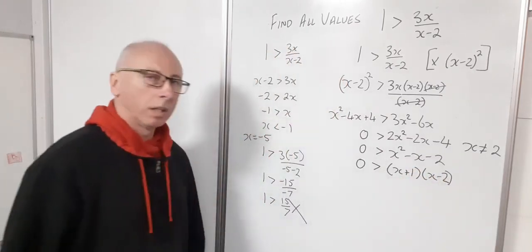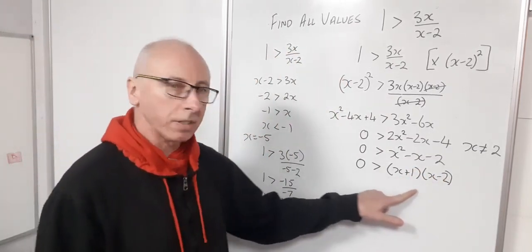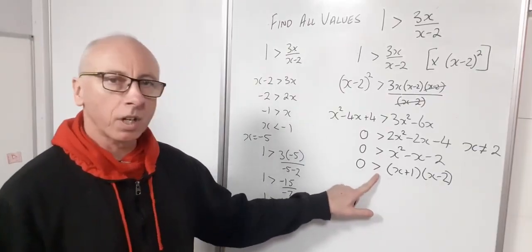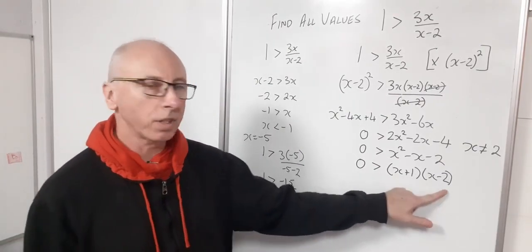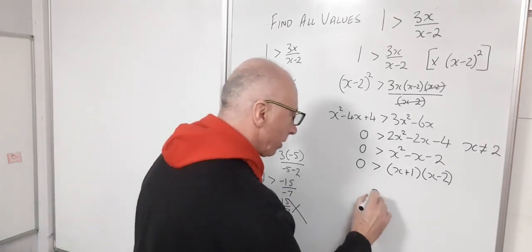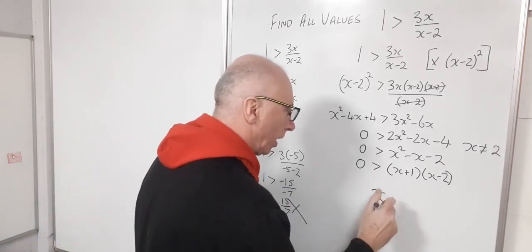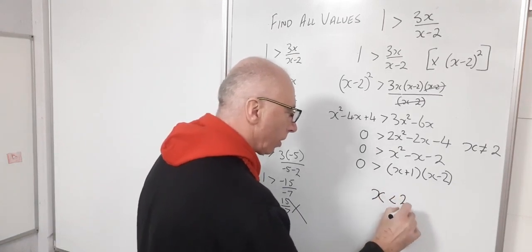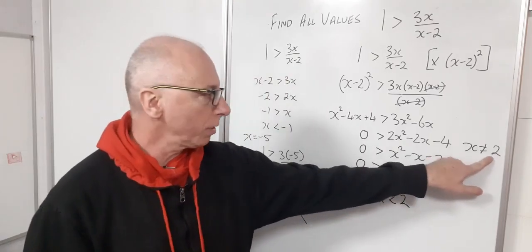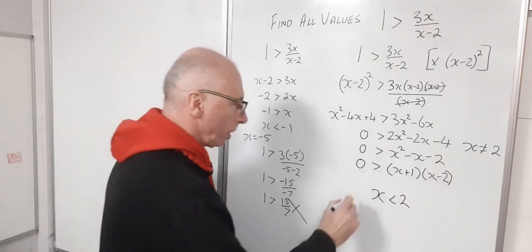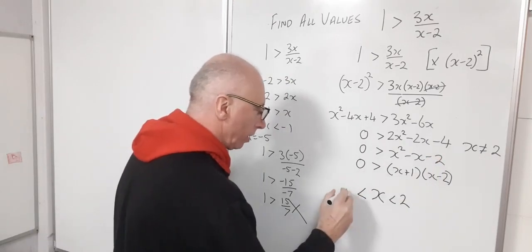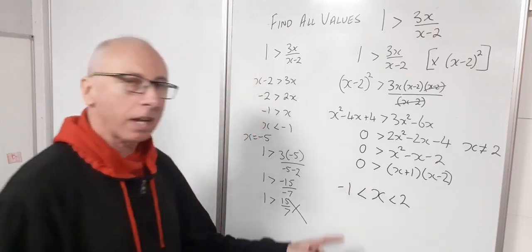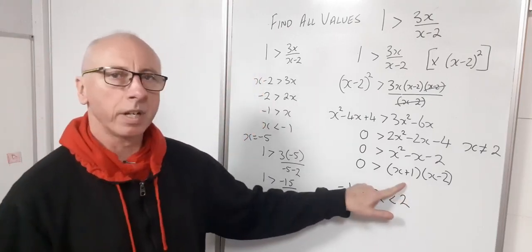Okay, so now with that factorisation, but here I've got an inequality, what that gives me is x less than 2, which doesn't come as a surprise because of this inequality, but it's going to be greater than minus 1. And that's how we'll handle it when we're dealing with an inequality.